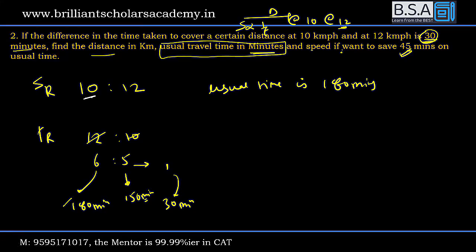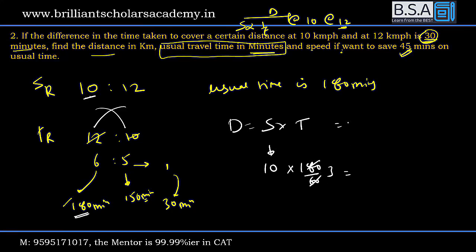This is the speed and immediate below is the time. देखो आपने रेशो को रिवर्स कर दिया ना. So speed के नीचे is the time. What is the speed? Distance is equal to speed into time. Speed is 10 km/h and time is 180 minutes. 180 minutes is what hours? 3 hours. So what is the distance traveled? 30 kilometers.